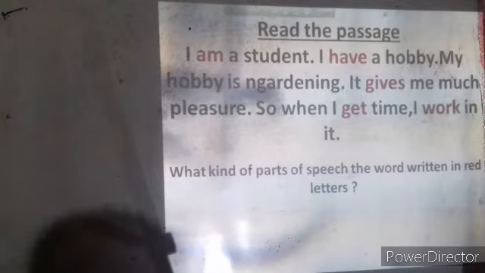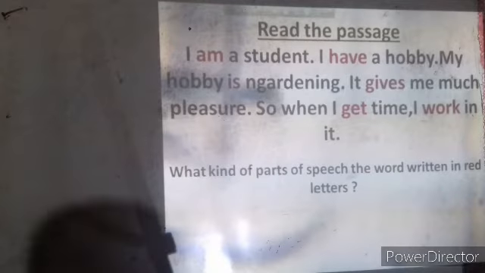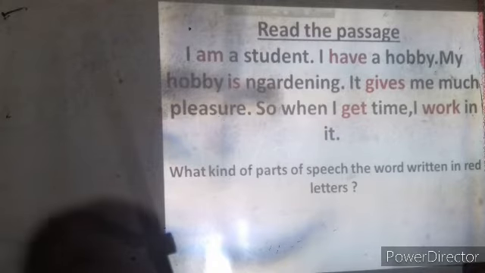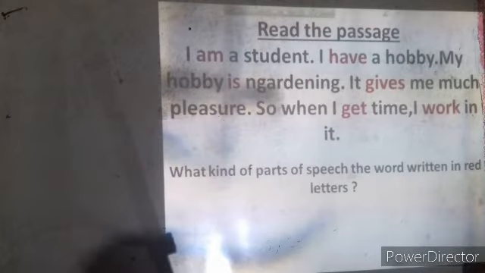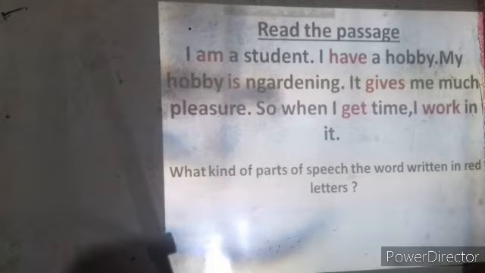My hobby is gardening. It gives me much pleasure. So, when I get time, I work in it. You have to read the passage and identify what kind of parts of speech the words written in red letters are, within 2 minutes.